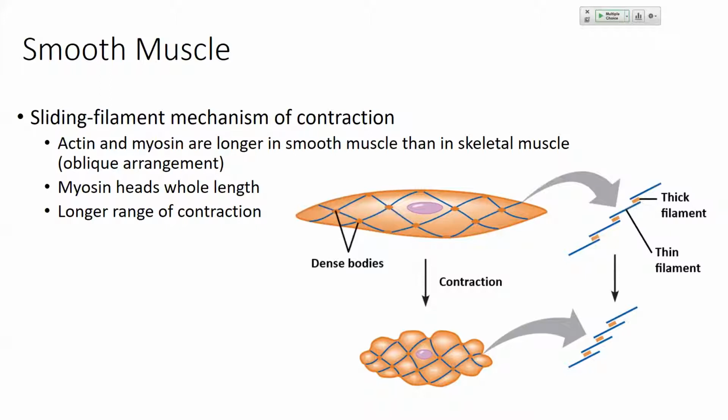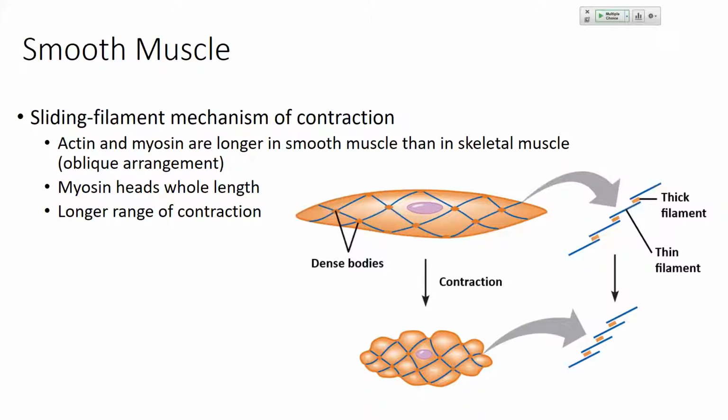We also have dense bodies. So the dense bodies are these points of attachment where the thin filament, thick filament, and the outer lying connective tissue are all connected together. So at the dense body, the exterior connective tissue connects to the internal filaments, thick and thin filaments.